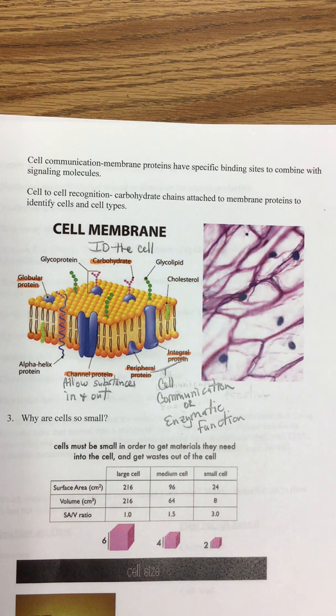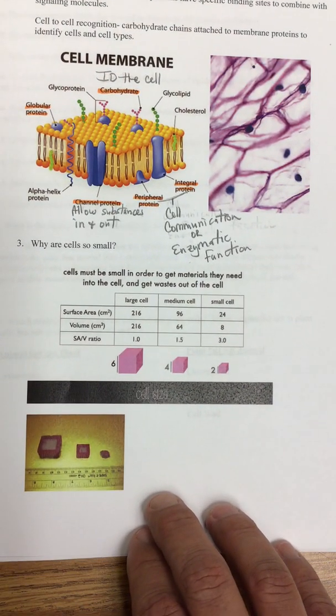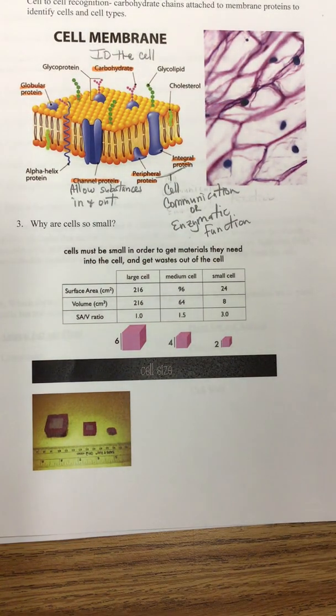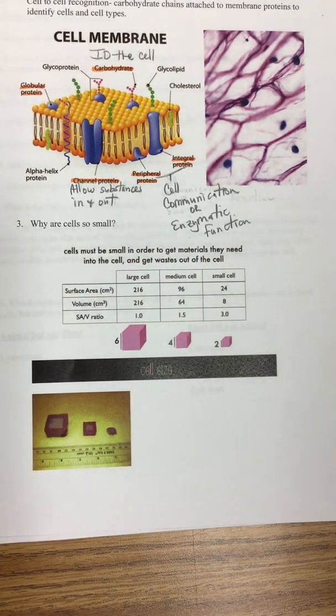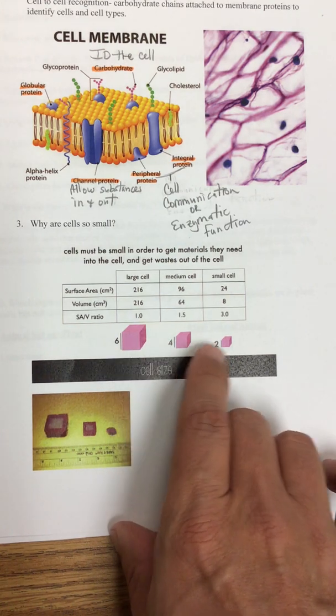Next question, which deals with the cell membrane, is why are cells so small? When we take a look, you may remember doing an activity in your previous biology class. There are a couple of activities that I know are done. One of them is just cutting out paper models of different sized cells.